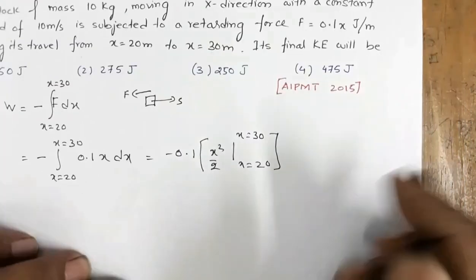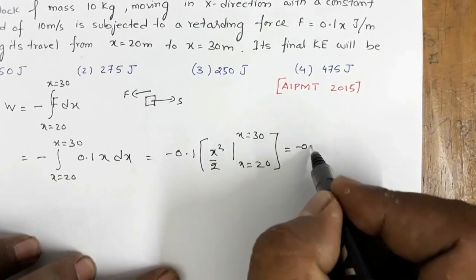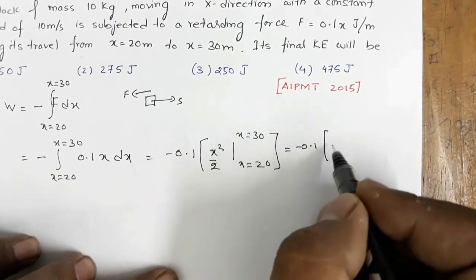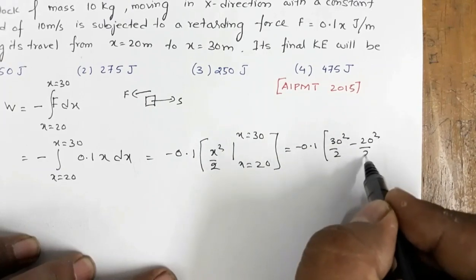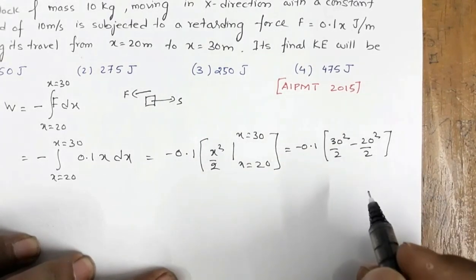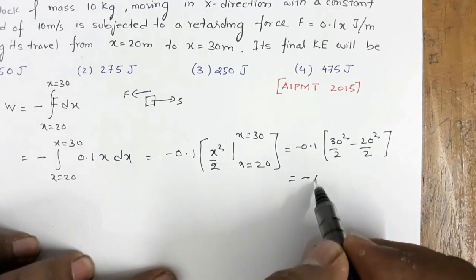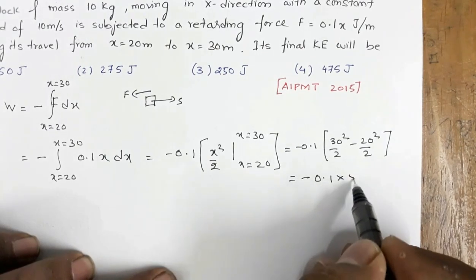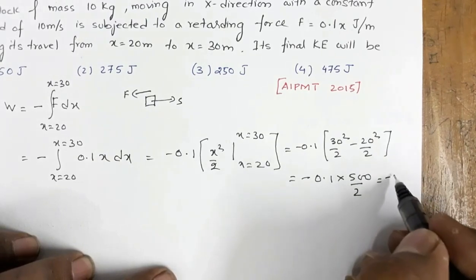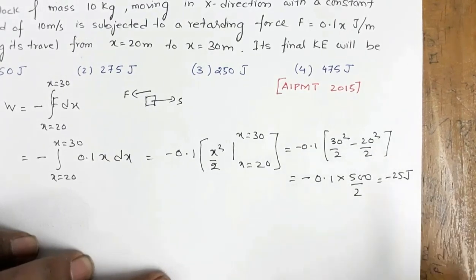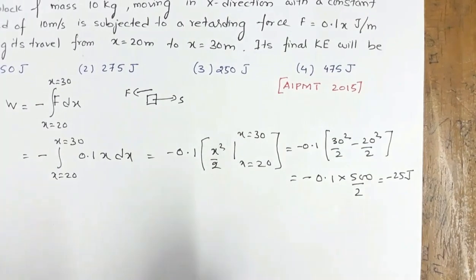So this is minus 0.1 times 30 square by 2 minus 20 square by 2. So this is minus 0.1 into 500 divided by 2. So that is equal to minus 25 joule. So work done by the retarding force is minus 25 joule.